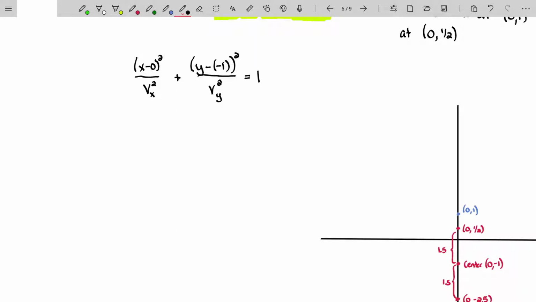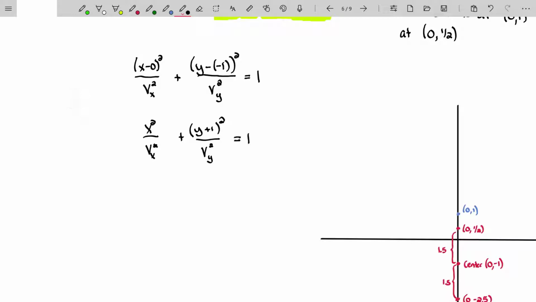And obviously that would clean up to x squared over v sub x squared plus (y plus 1) squared over v sub y squared equals 1.